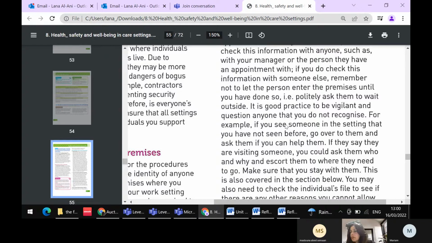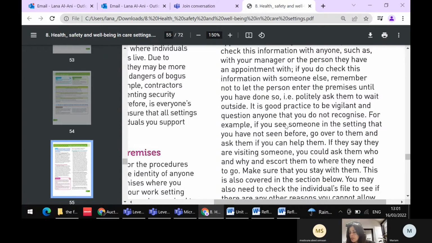I need to ask them politely to wait outside while I check with my manager if this person is booked. I also need to get consent from the person they are visiting. If someone in the setting is someone you haven't seen before, you need to know who they are and why they are there.